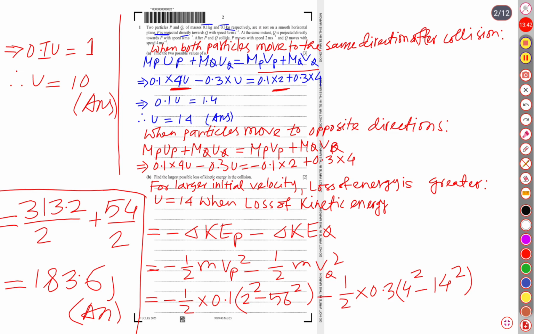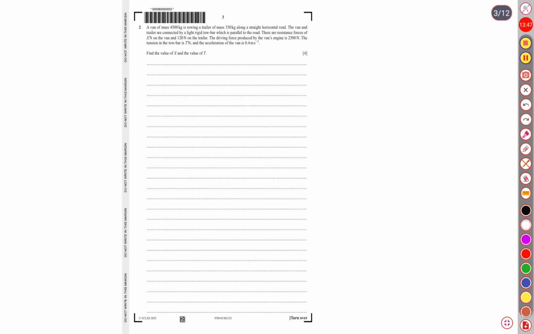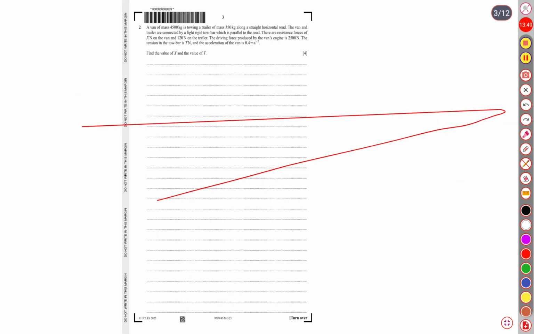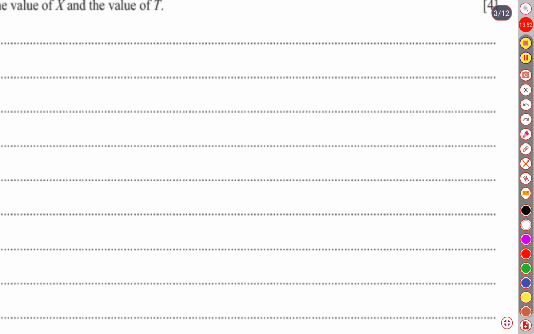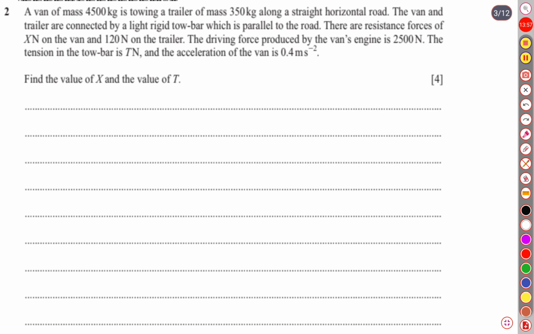Well, let's move on to the next question. The immediate next question says, a van of mass 4,500 kg is towing a trailer of mass 350 kg along a straight horizontal road. The van and the trailer are connected by a light rigid tow bar which is parallel to the road.